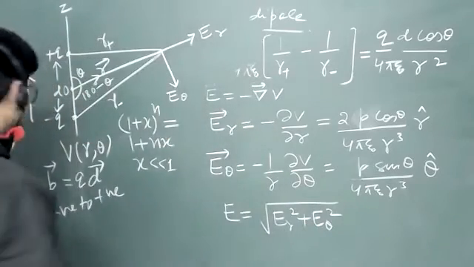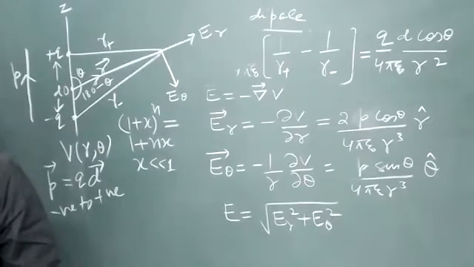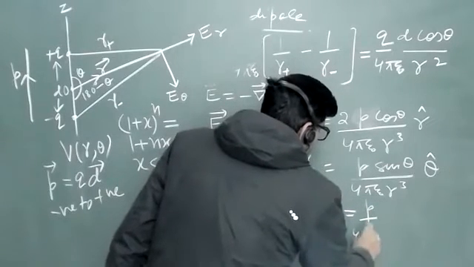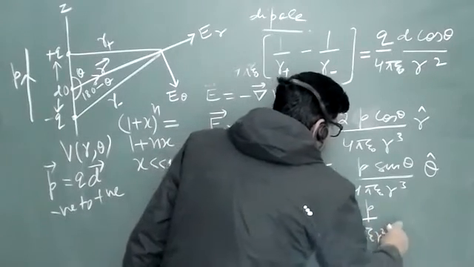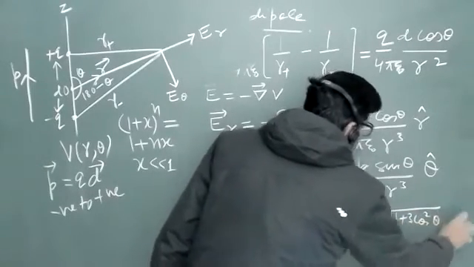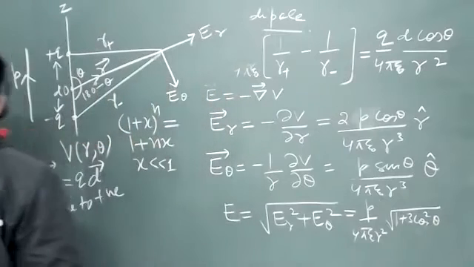This will be the resultant. You can write the resultant also. एक बार लिखना जरा जल्दी से. It will become P by 4 pi epsilon naught R cube under root of 1 plus 3 cos square theta. This will be the resultant.